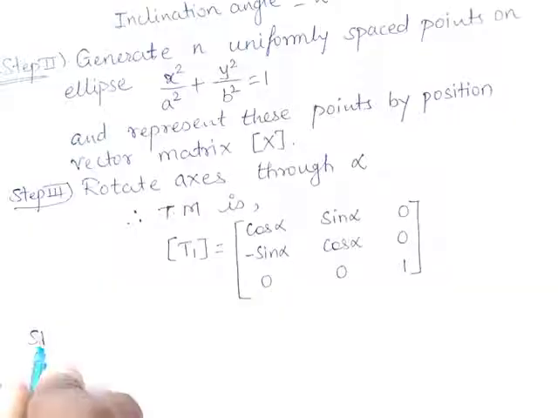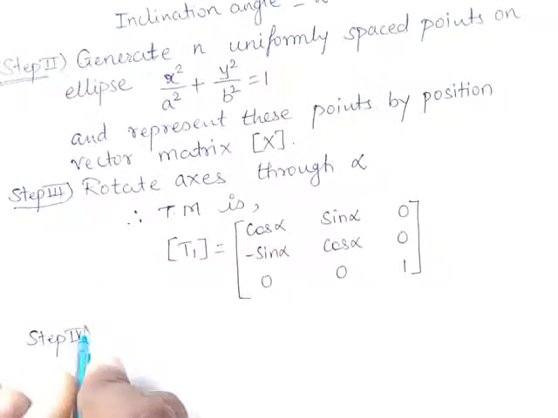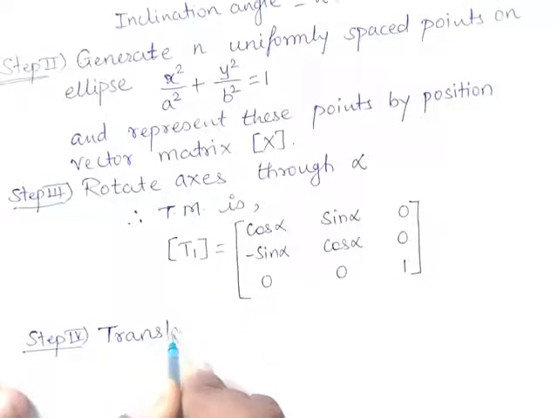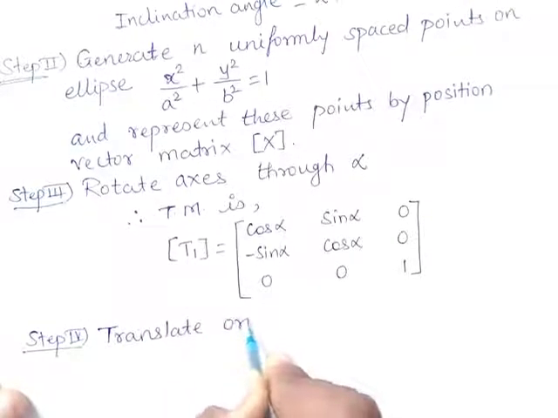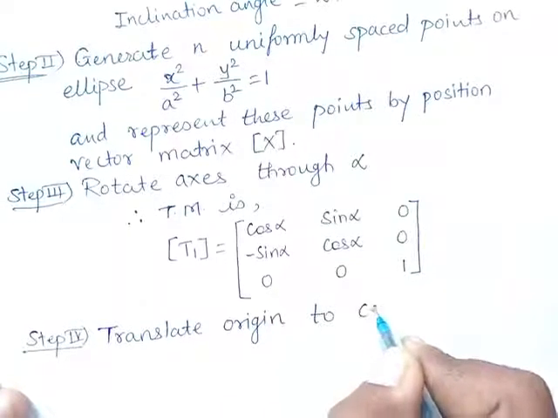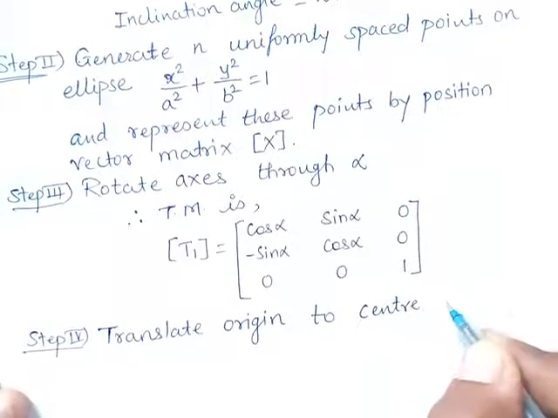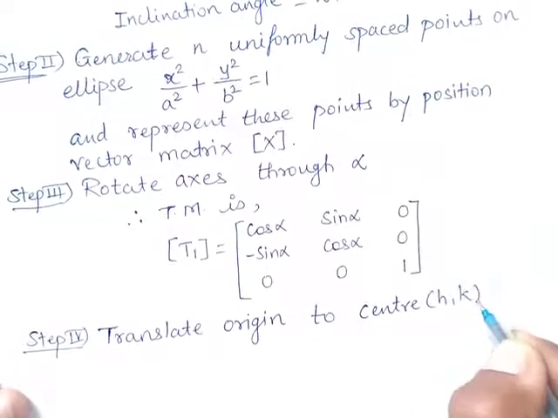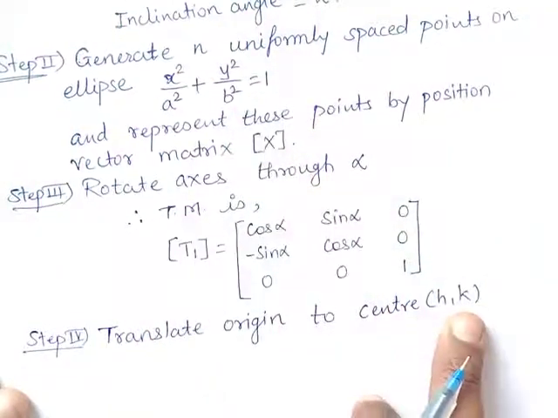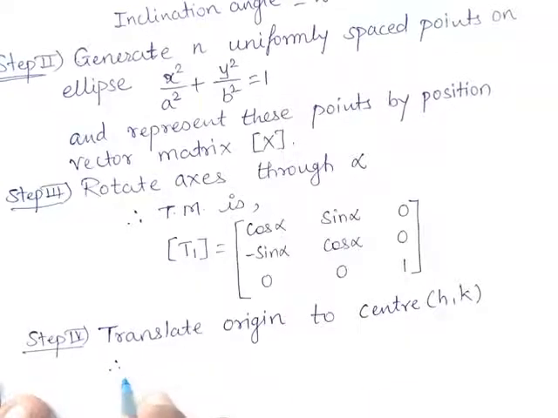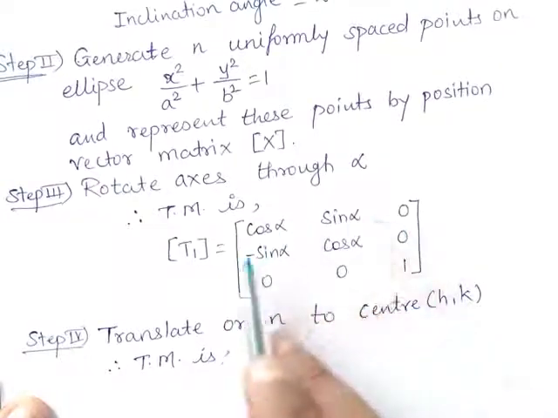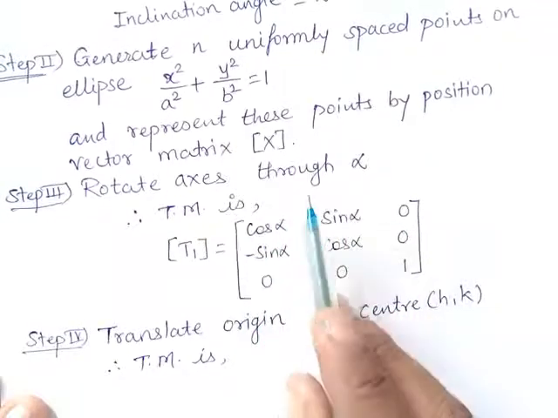Now step 4. What does step 4 say? Translate origin to center. What is the center given here? (h, k). Our center is at origin basically with this step, but now we have to translate it to (h, k). You may have a question why I took a 3 by 3 matrix for rotation.